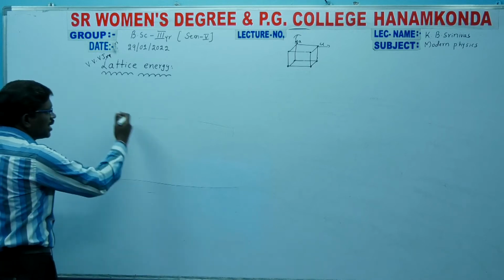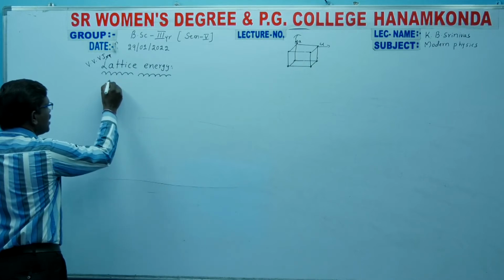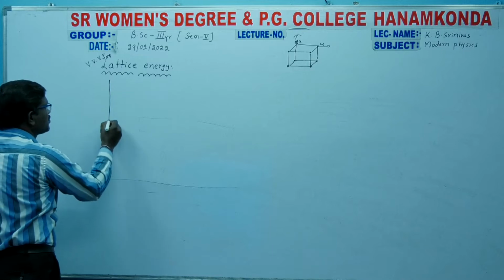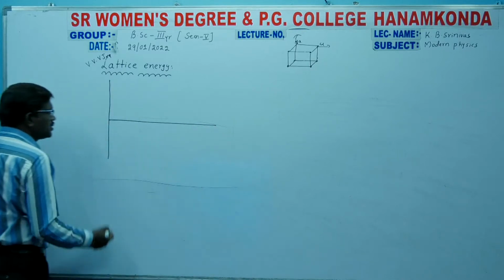To derive the expression for lattice energy, the variation of lattice energy is generally represented in a graph.